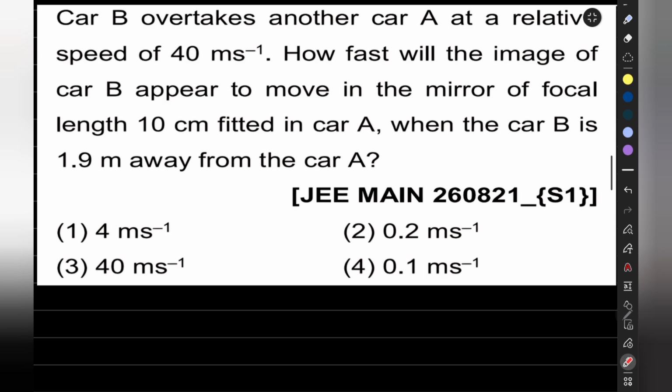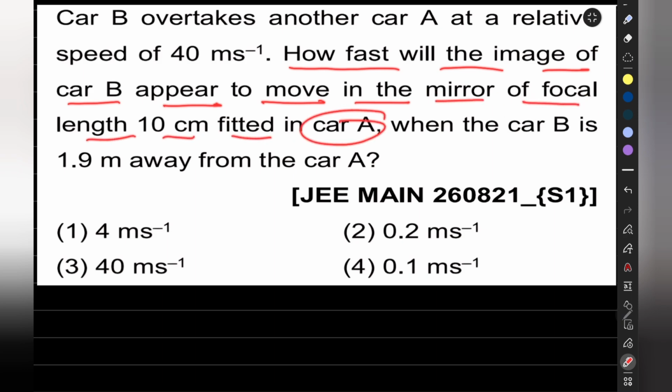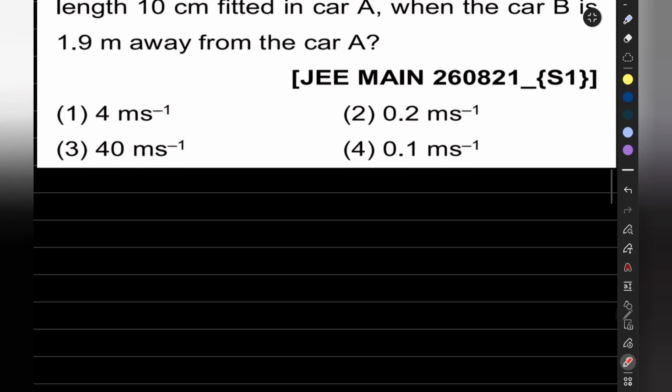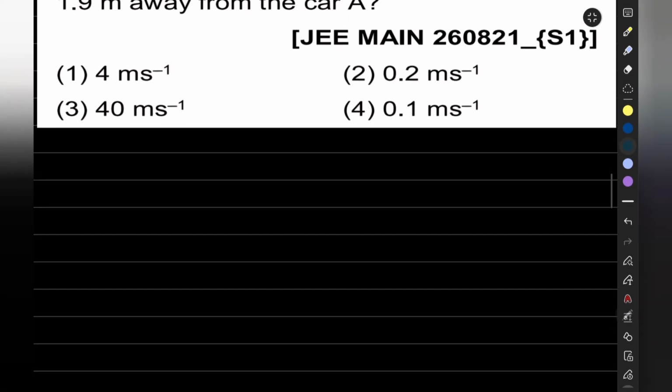Now, how fast will the image of car B appear to move in the mirror of focal length 10 centimeter fitted in car A, when car B is 1.9 meter away from car A? So let's draw one diagram, and once again I will explain the question.